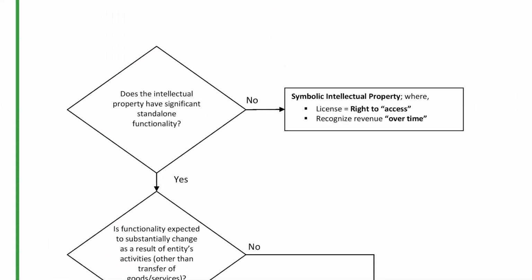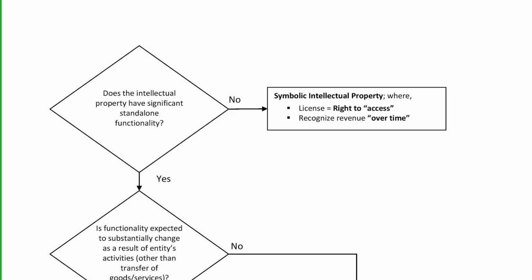Move to page 77, where we have a flow chart to understand licensing arrangements for intellectual property. The first question is: does the intellectual property have significant standalone functionality?